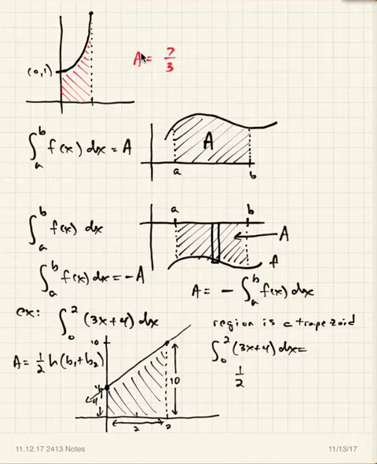The height of the trapezoid, this is a trapezoid that's lying on its side, would be 2, so this would be 1/2 times 2 times 4 plus 10, like so. And so you end up with 14 as the value of this definite integral. We got that because the region that was describing this definite integral happened to be a regular region, and so we could find its area just from a known geometric formula.